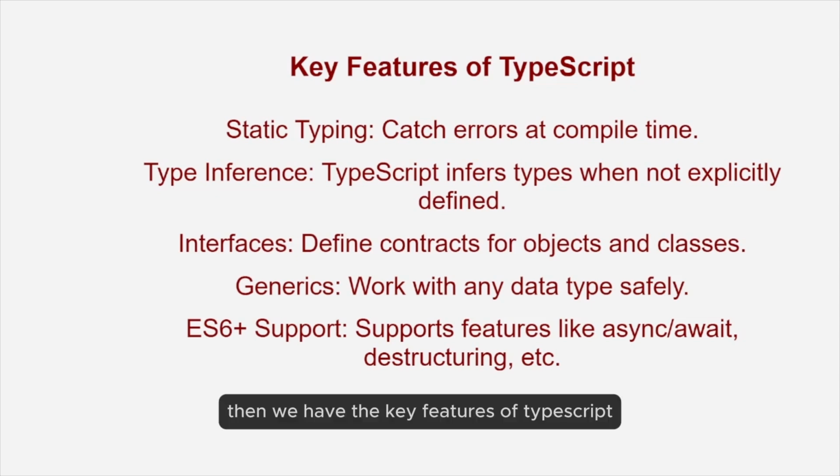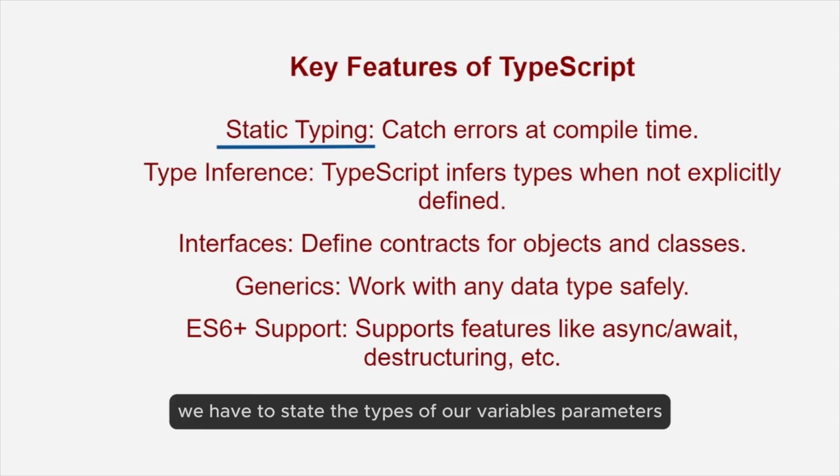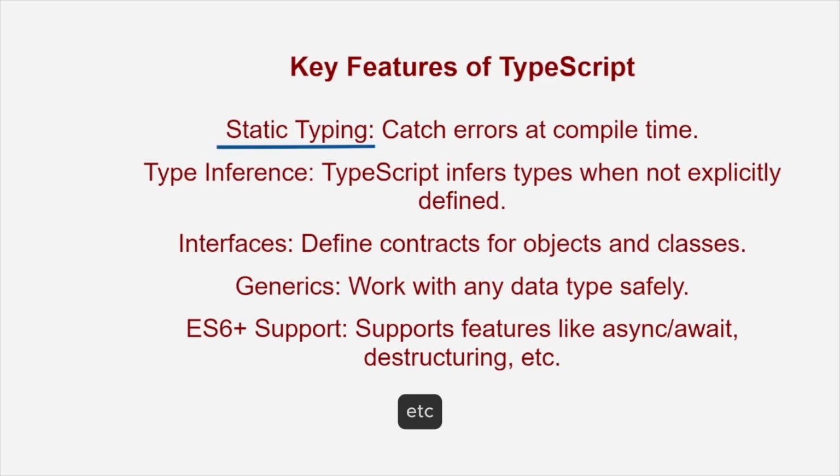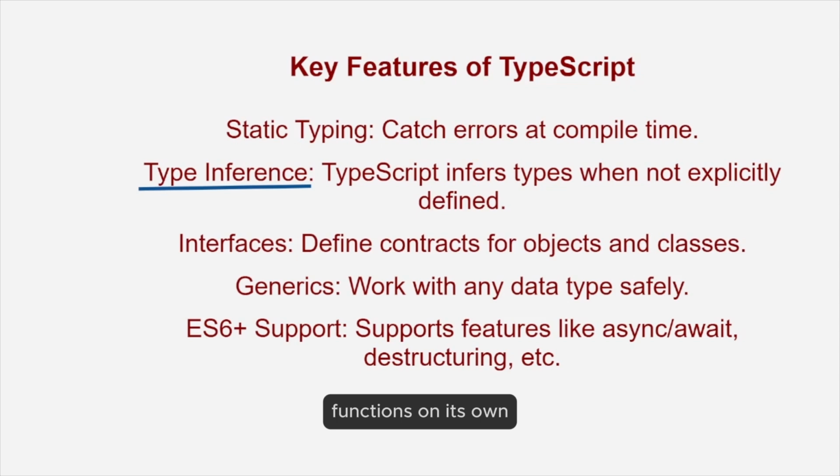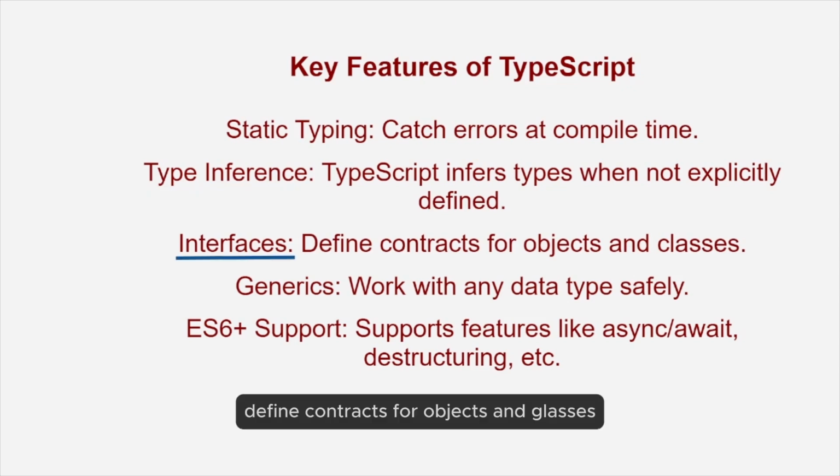Then we have the key features of TypeScript. So we have static typing. As previously, we have to state the types of our variables, parameters, etc. Type inference. TypeScript infers types when not explicitly defined. So TypeScript will understand the types of your variables and functions on its own. And then we have interfaces, which define contracts for objects and classes.